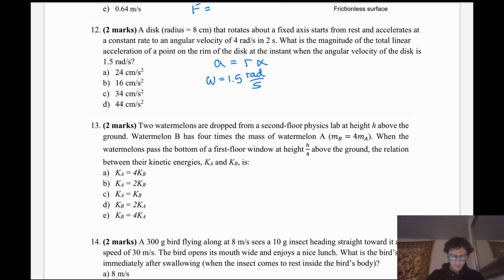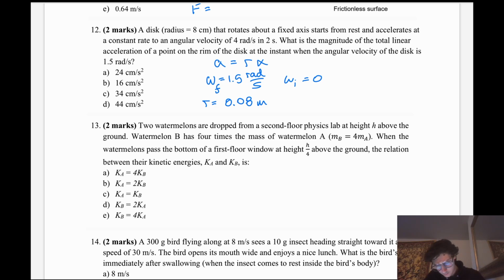I feel kind of good about this one. And the disk radius r is 8 centimeters, which I'm going to convert to meters. So this is in meters. It starts from rest. So this is omega final. Omega initial is at rest, so it starts at 0. And it accelerates at a constant rate to an angular velocity of 4. Oh man, so hold up.